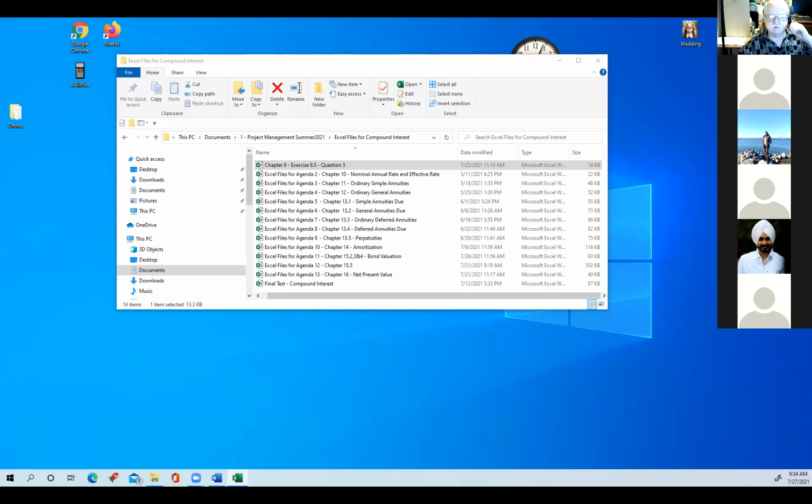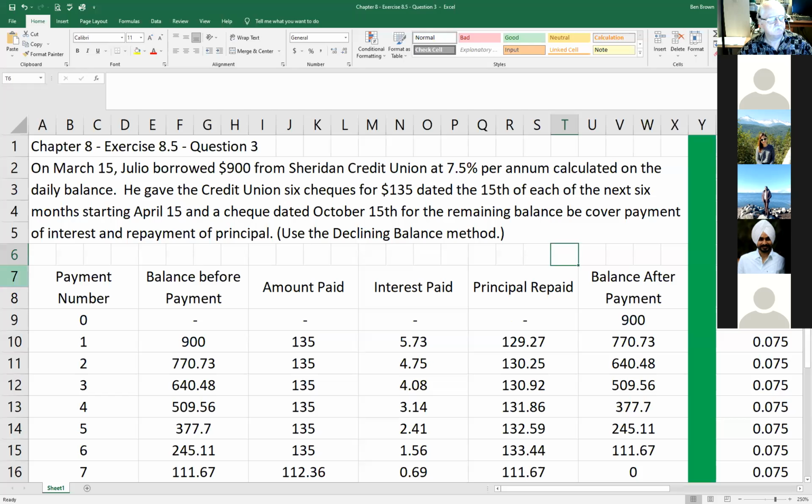So is my spreadsheet visible? Can anybody see the spreadsheet? Or more importantly, can anybody not see the spreadsheet? I don't see it, Mr. Brown. It's just a list of. No, you can't see the spreadsheet? Wonder why not? We can see it now.